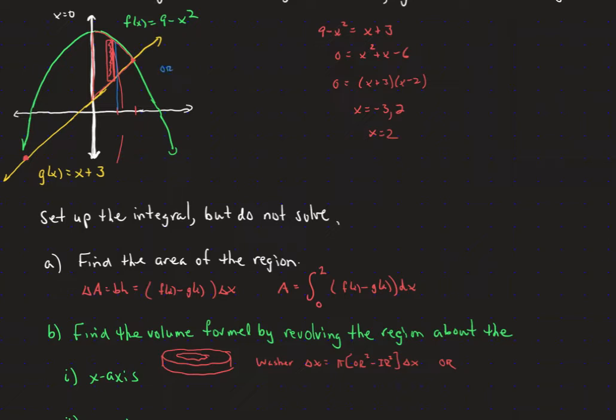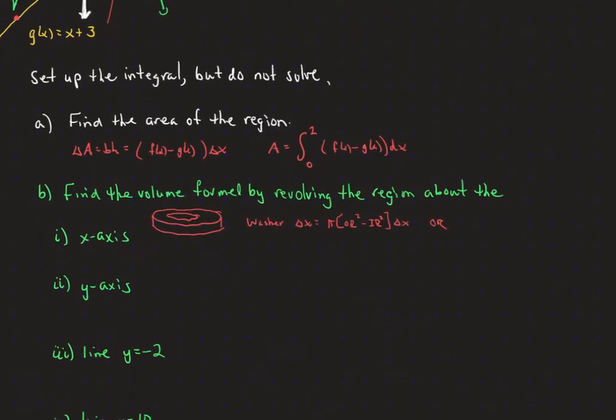So that is our outside radius right there. That's going to be the top curve, which is our green parabola f of x, and then 0 is the axis of revolution. So that's going to be pi times our f of x squared.